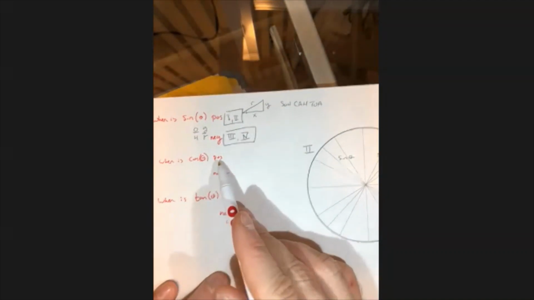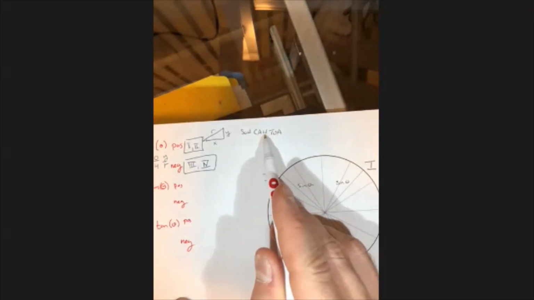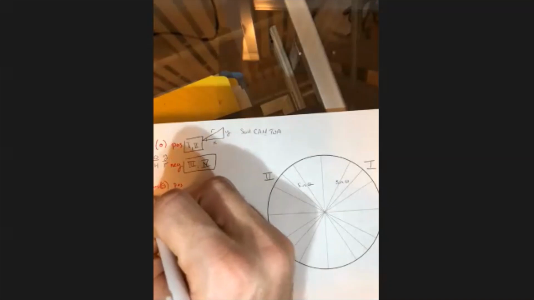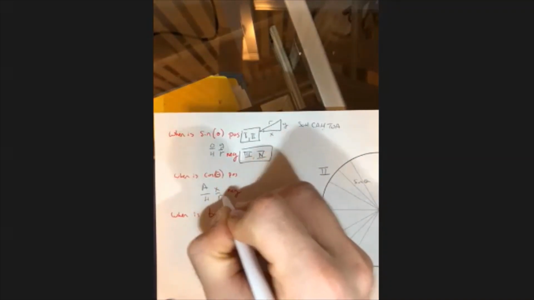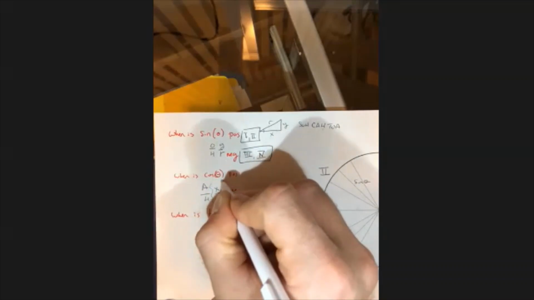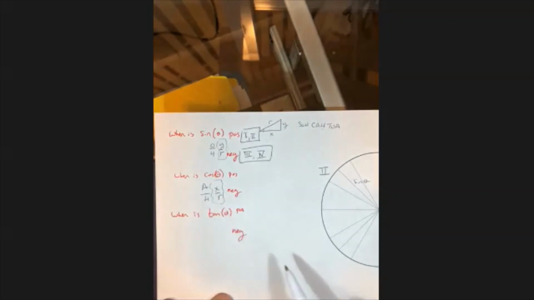Okay. When is cosine positive? Cosine is adjacent over hypotenuse, which means x over r. I know our radius is always going to be positive. When is my x positive?